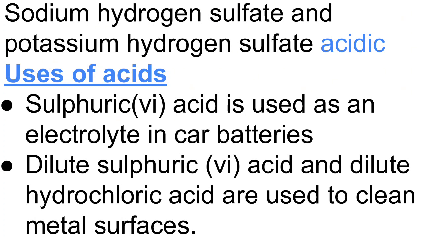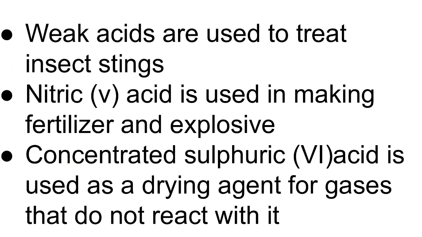Now, dilute sulfuric acid and dilute hydrochloric acid are used to clean metal surfaces. We clean metal surfaces to remove the oxide coating on them. So sulfuric acid and hydrochloric acid will be very useful in such situations. Weak acids are used to treat insect stings. Some weak acids can be used to treat when someone is stung by something.